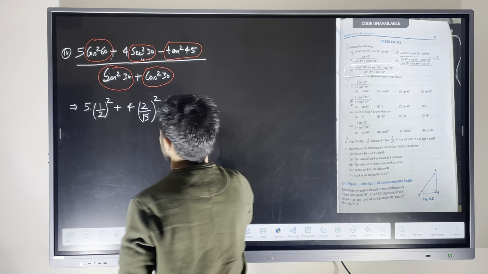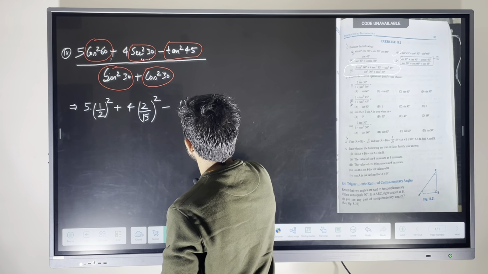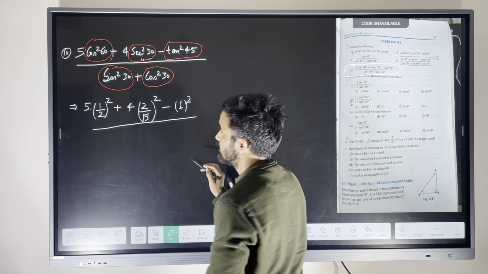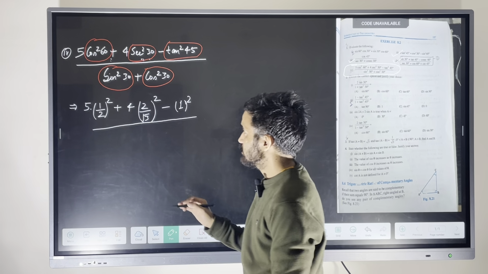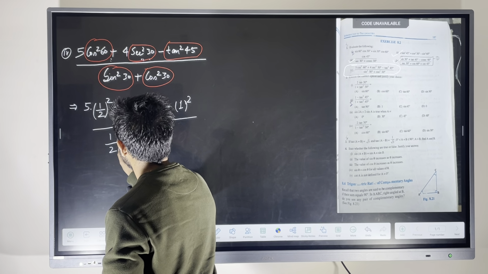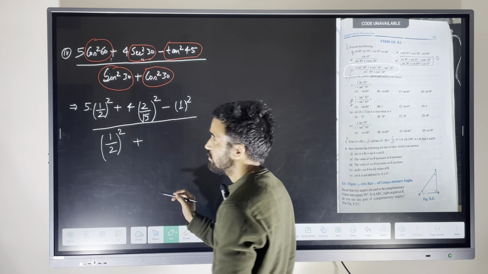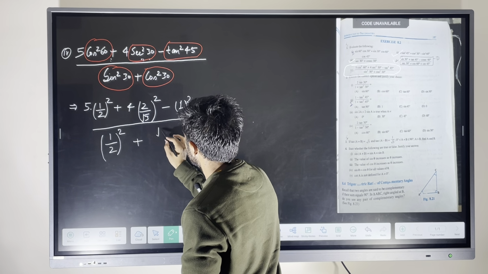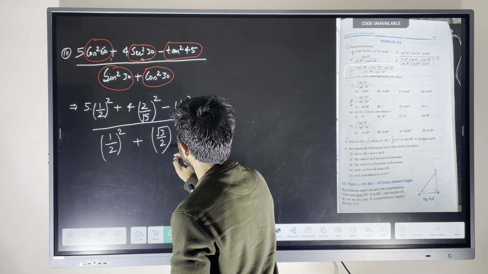Now minus tan square 45. What is the value of tan 45? That is 1. So 1 upon, now what is the value of sin 30? Sin 30 is 1 by 2, whole square, plus, what is the value of cos 30? Cos 30 is root 3 by 2, whole square.